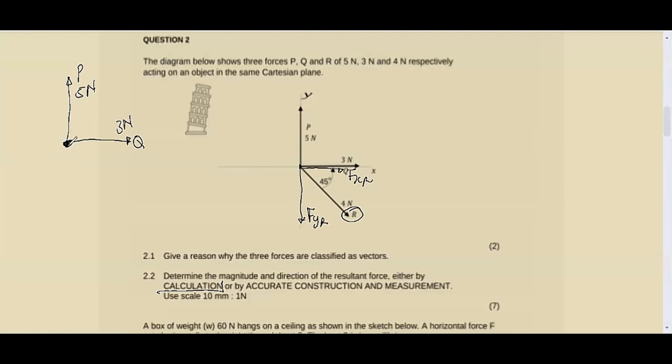And then now let's include them in our vector diagram. So this would be Fx of R, and then right here, we will have Fy of R. But remember, once we resolve this, we cannot go here and say 4 Newton, 4 Newton. That means now we have to calculate the magnitude of these components, right?